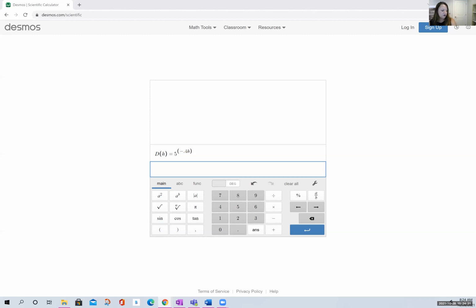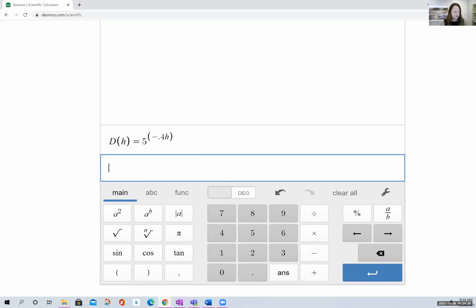Now I plugged my equation into Desmos, so now I can evaluate this at any value I want. We wanted to figure out what's going on when h is 1. D of 1, I get approximately 0.53 milligrams.